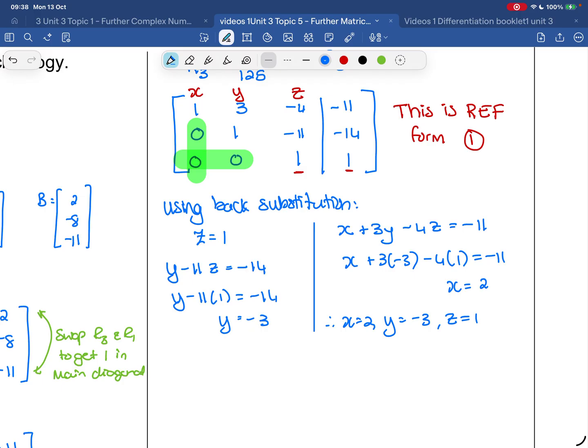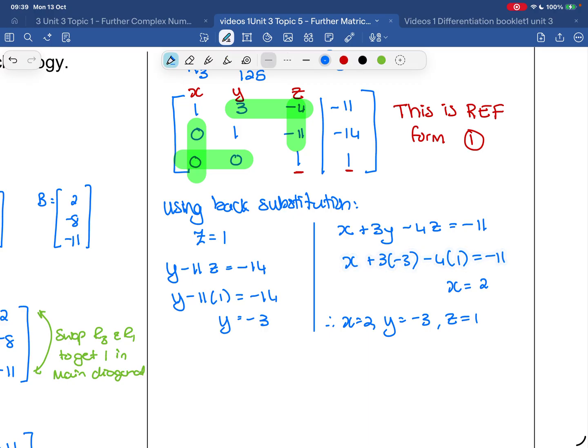All right. Now, if we weren't asked to use back substitution, if we were asked to get this matrix into reduced row echelon form, what we then want to do is to have pretty much an identity matrix, okay? And all of these numbers also have to become zeros.